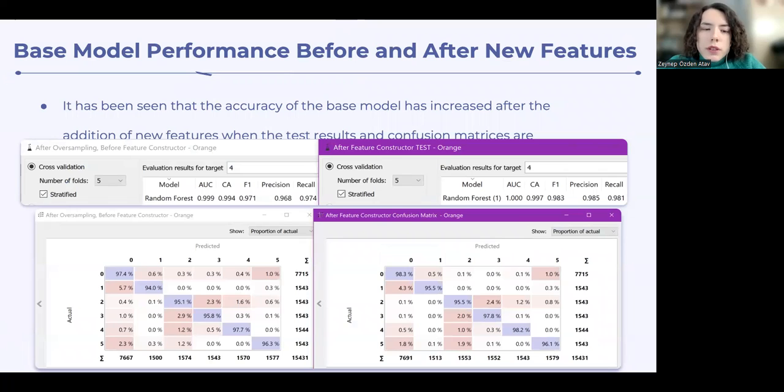Before our base model, Zeynep: in the original dataset, how many features were there? After you add these new features, how many total in the modified dataset? Hocam, this is an interesting question because in the beginning we had 13 features, we removed some of them, and now we added some.